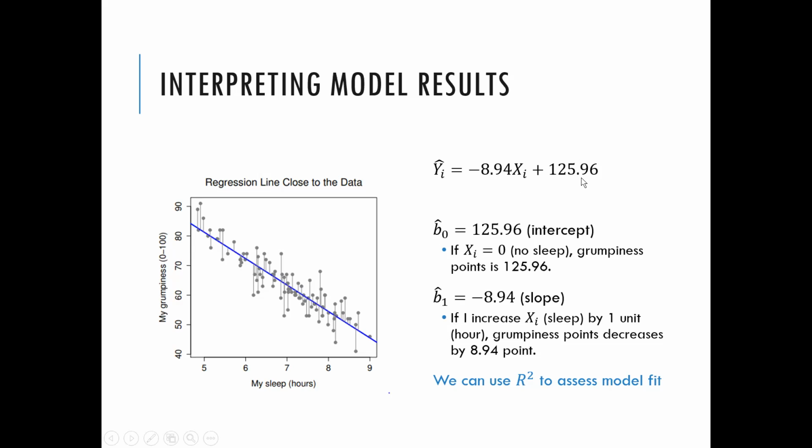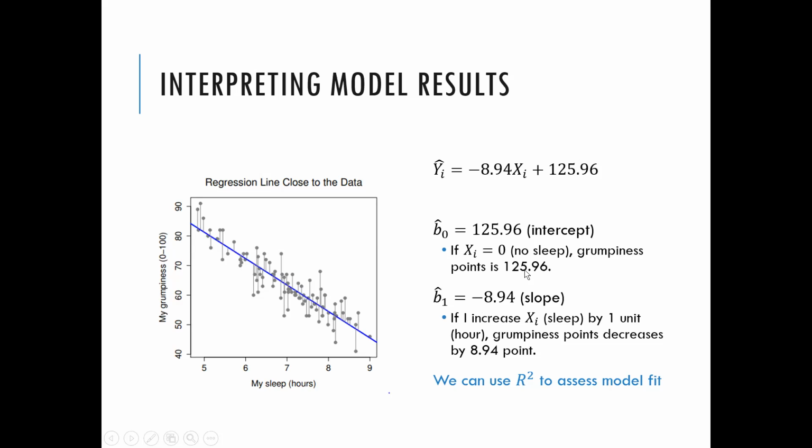And then our y-intercept is 125.96. So if you remember the example that I gave in the pre-recorded lecture, we were looking at the number of sleep hours. In this case, it's looking at the author's sleep hours and her grumpiness level.